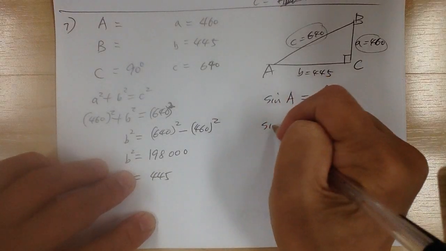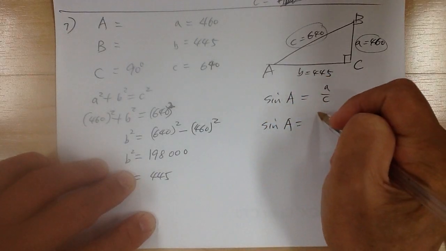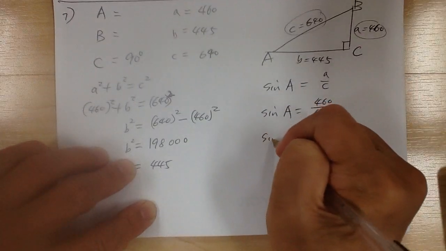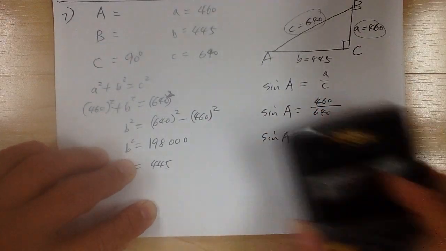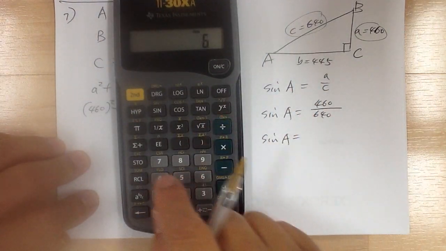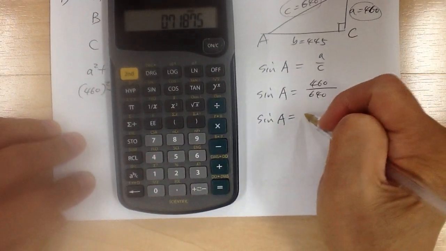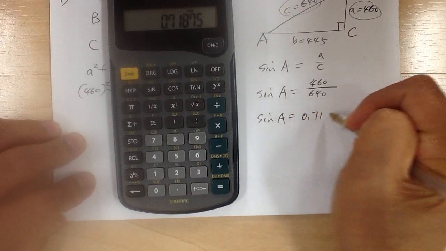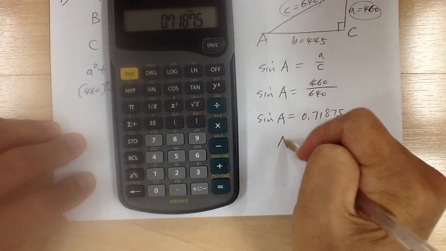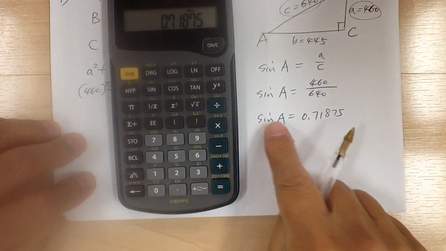Okay, so sine A equals 460 over 640. So get your calculator. So you got 460 divided by 640 equals 0.71875.